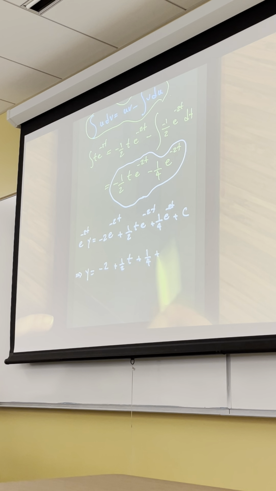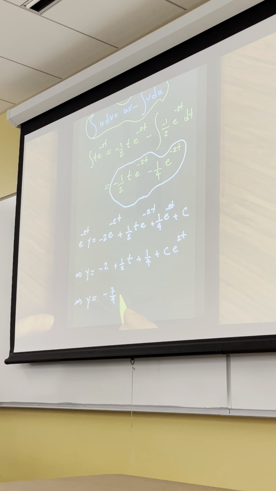And then this will become c e to the power of 2t, because I have to multiply both sides of the equation by e to the power of plus 2t, so it gets rid of that. These two can be combined. So y is equal to negative 2 plus a quarter, so that's negative 7/4.